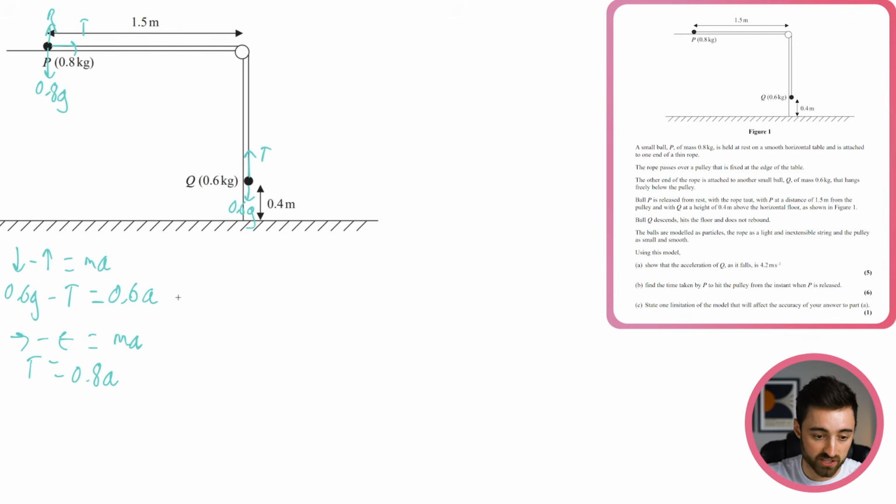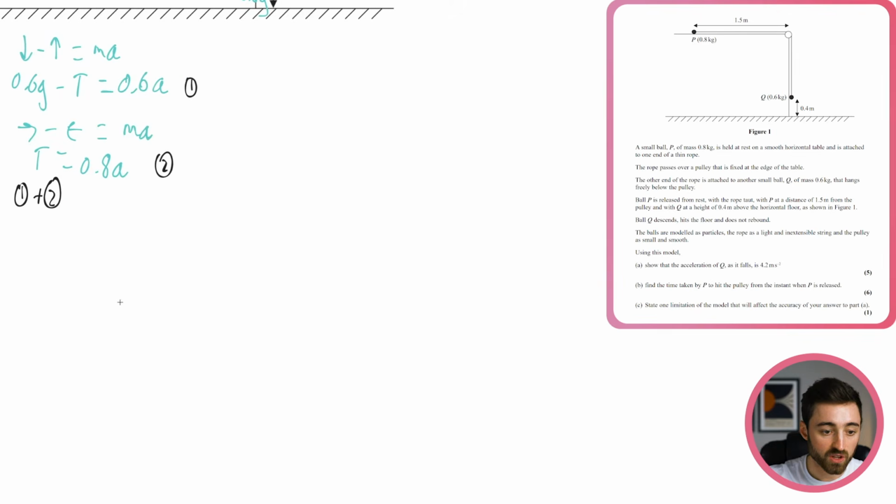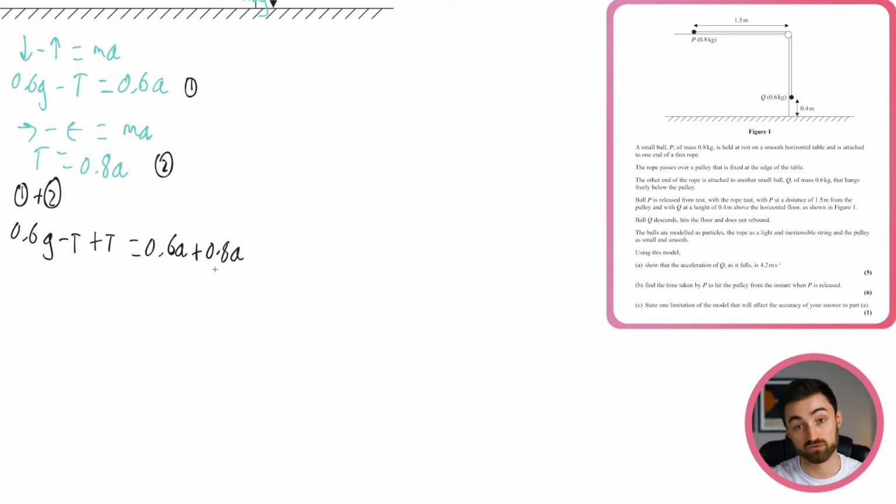So I've got two equations here. If I add them together, what would I get? I would get 0.6g minus T plus T on the left equals 0.6a plus 0.8a on the right.